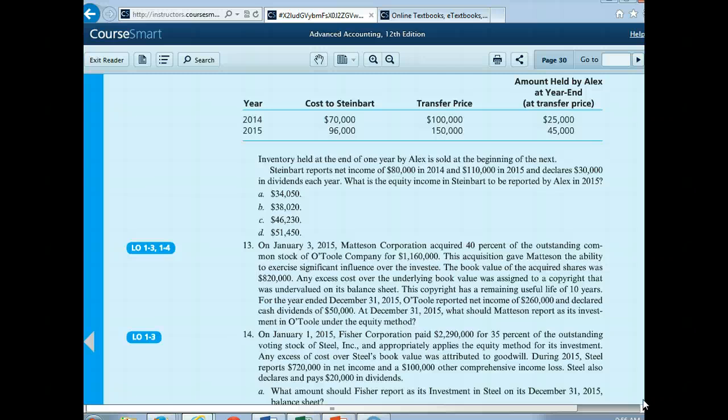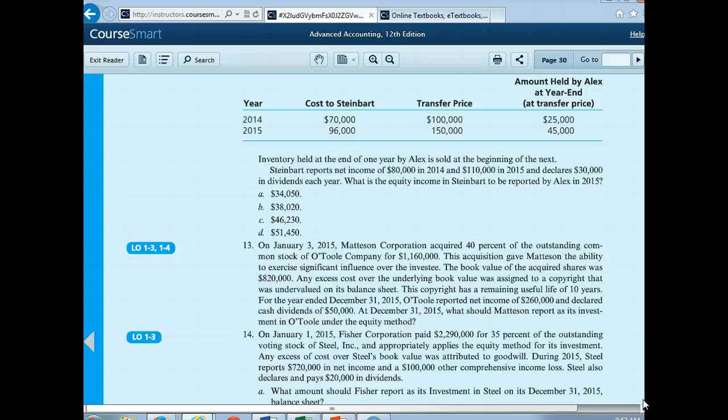Any excess cost over the underlying book value was assigned to a copyright that was undervalued on its balance sheet. The copyright has a remaining useful life of 10 years. For the year ended December 31st, 2015, O'Toole reported net income of $260,000 and declared cash dividends of $50,000. At December 31st, 2015, what should Madison report as its investment in O'Toole under the equity method?